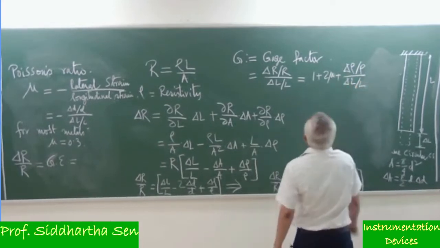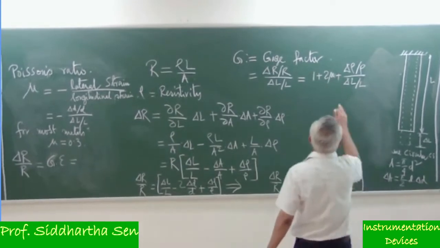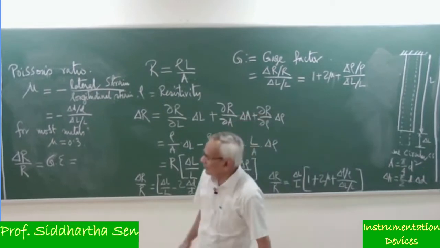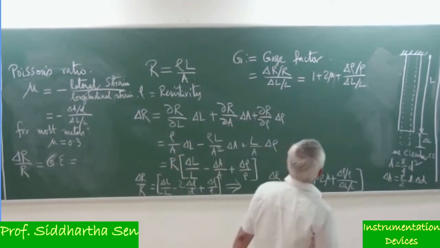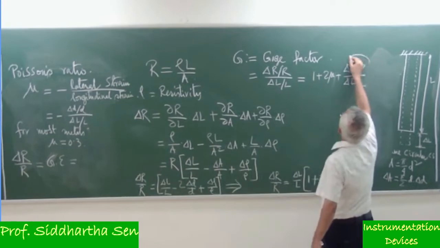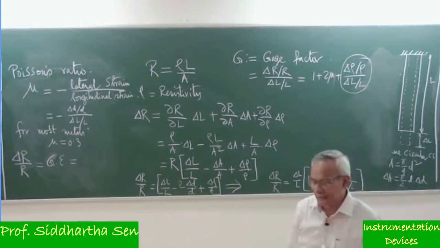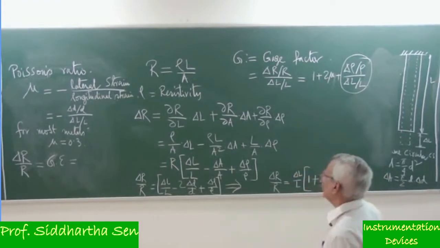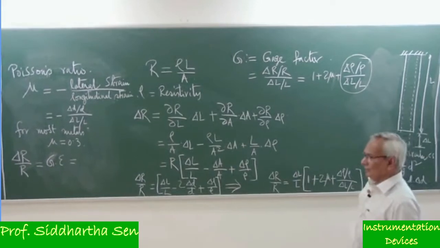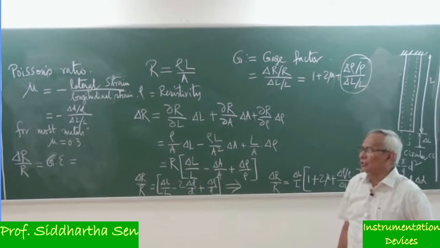So mu is constant for a particular material, and basically this part, that is delta rho by rho divided by delta L by L, it indicates the change in resistivity. Rho is the resistivity, change in resistivity with strain.